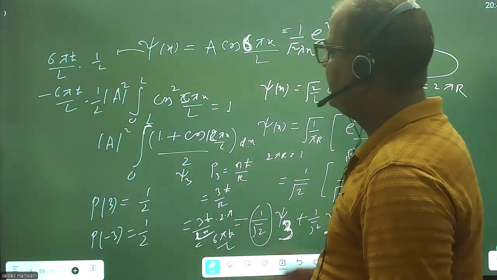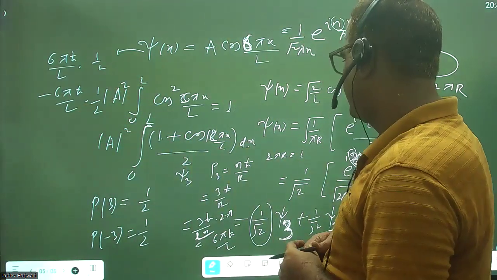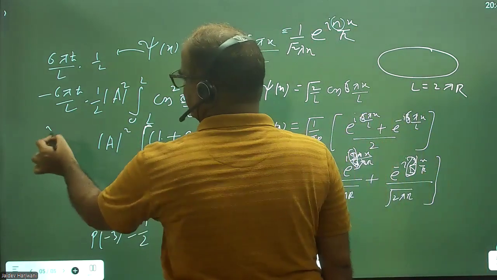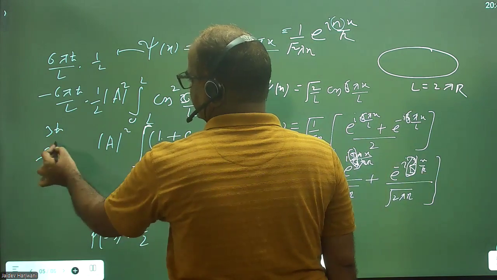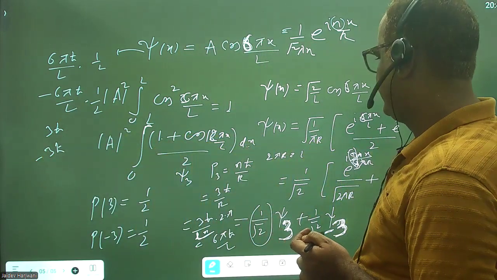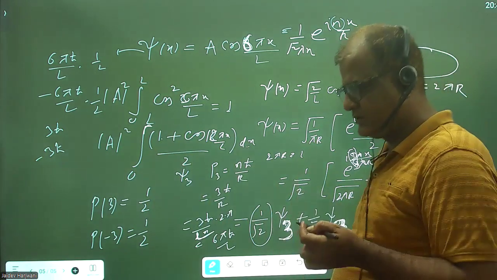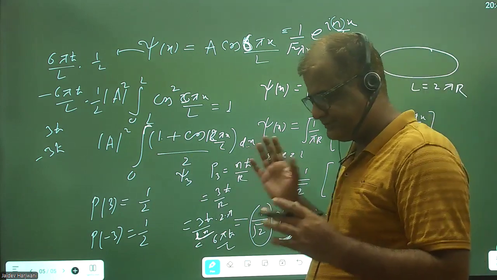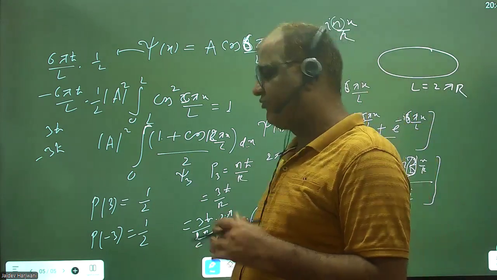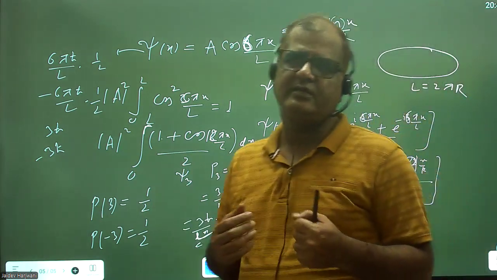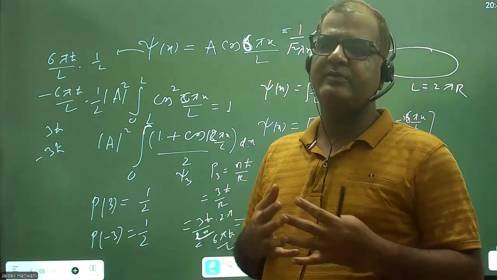Similarly, you can now do it for the angular momentum. Angular momentum values are 3ħ and minus 3ħ. So what I'm trying to say here is that if I want to write a general state, this is always possible.